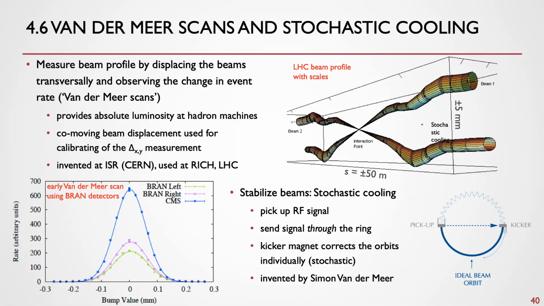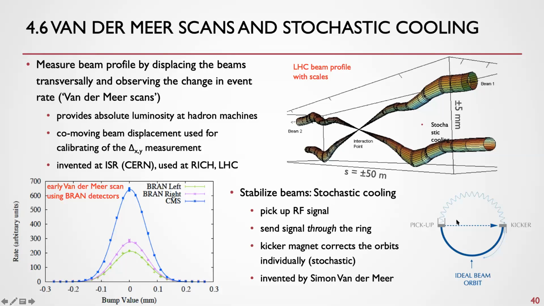All this leads to bunches that blow up, for example, in the longitudinal direction, so that luminosity drops and the beam is less under control. That needs to be stabilized. One way to stabilize the beam is stochastic cooling.